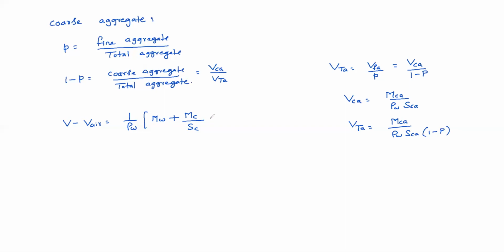So in place of VTA, you can substitute here mass of coarse aggregate divided by rho W, anyway common, specific gravity of coarse aggregate into 1 minus P. So what is unknown here? Unknown is mass of coarse aggregate.